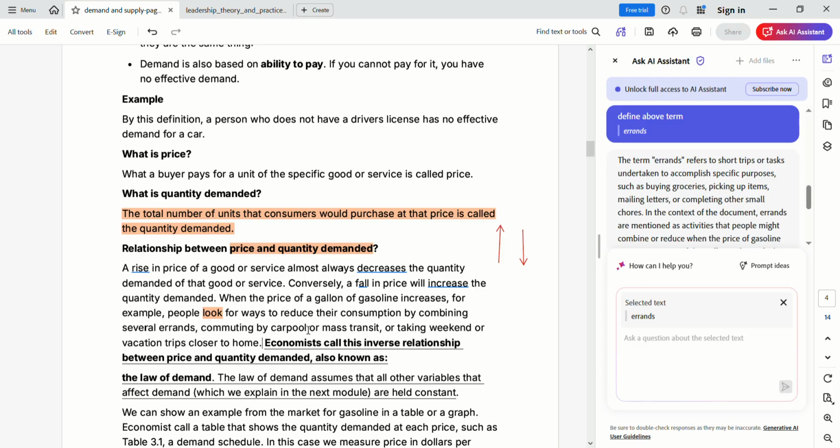As we already discussed, economists assume the other things are constant when they explain the relationship between price and quantity demanded. That is the most important reason why they do this. What factors affect this relationship we will discuss in the next section, inshallah.